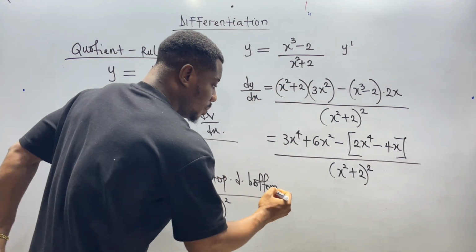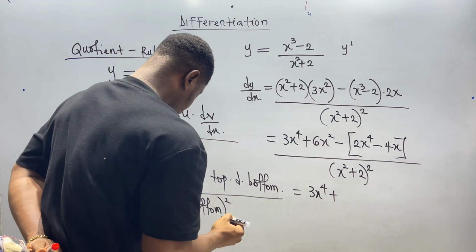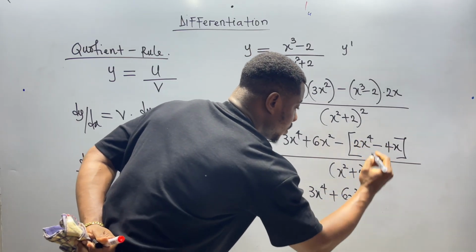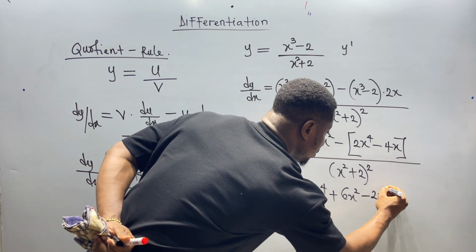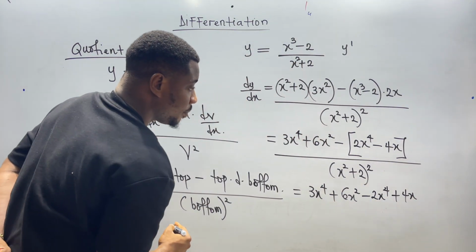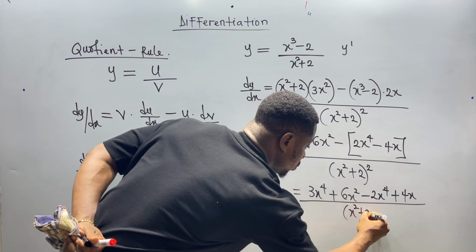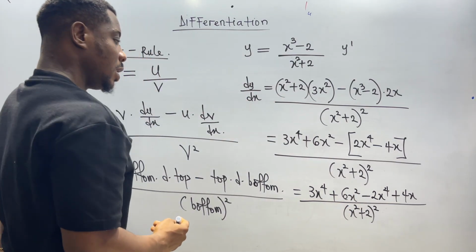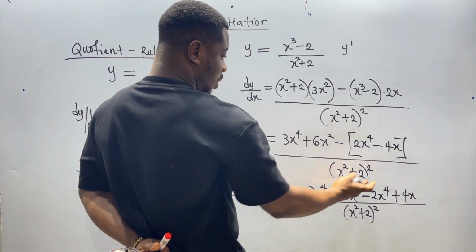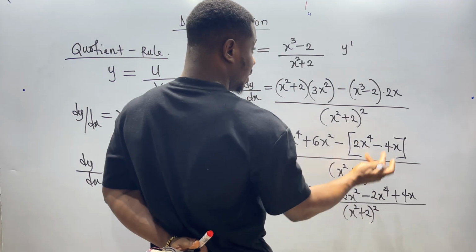All right. So open bracket again, we have 3x to the power of 4 plus 6x squared. Okay. By open bracket, I'll be having negative 2x to the power of 4. Okay. Positive 4x. Okay. Divided by x squared plus 2 all squared. Now, if you check the top, we still have to arrange the top, and if I combine these two here, we're going to be having x to the power of 4.